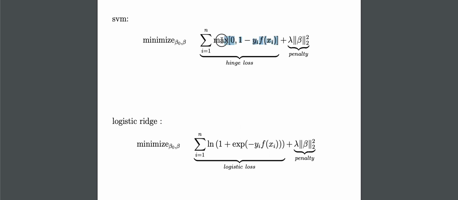This is a measure of how well the model fits the data for support vector machine, and this is how well the model fits the data for logistic regression. It's over all observations, so this is a cost function per observation.